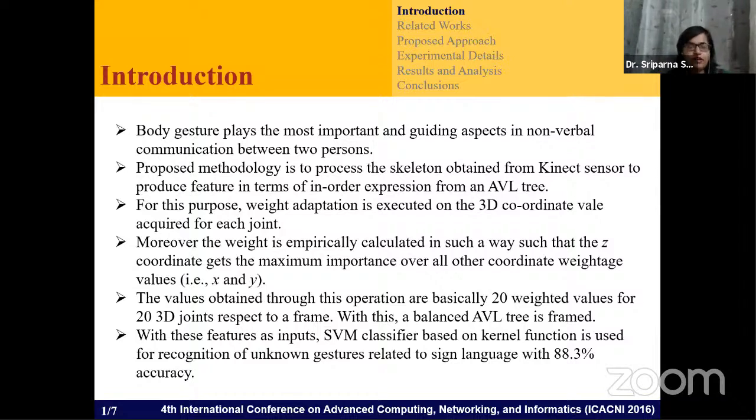In this application, we will be talking about gesture recognition using the Microsoft Kinect sensor. By using the Microsoft Kinect sensor, the human body can be represented by 20 body joint coordinates, and for each joint coordinate you have 3 dimensions of data, that is X, Y, and Z.